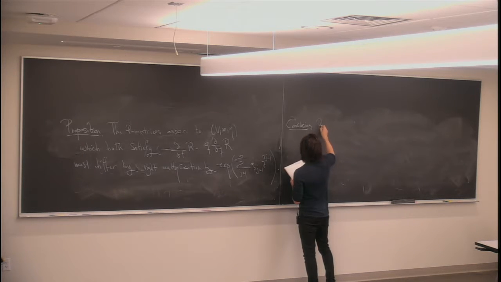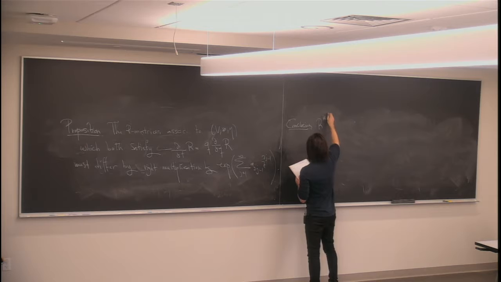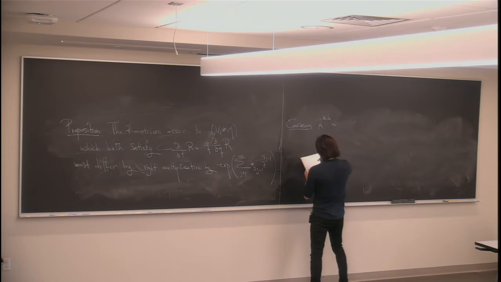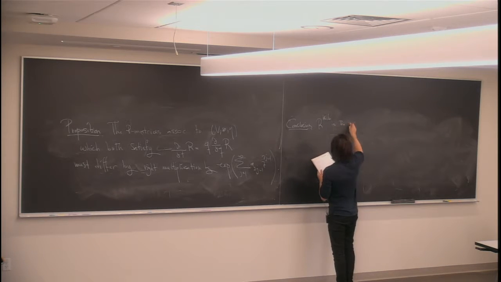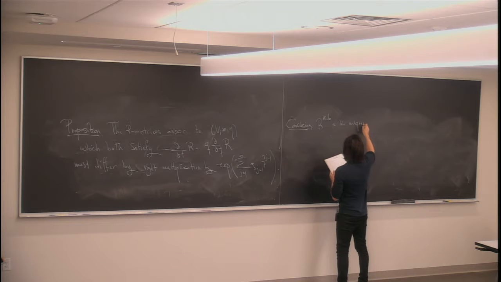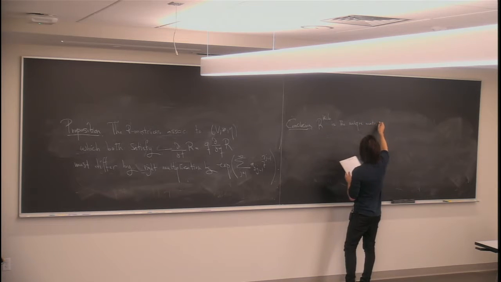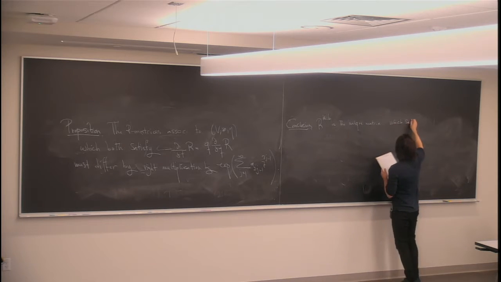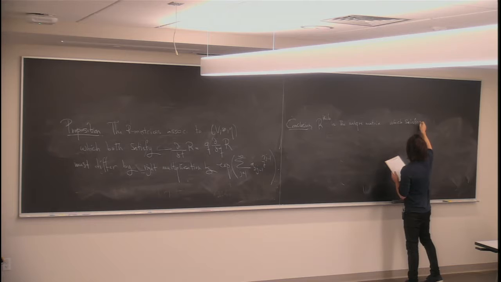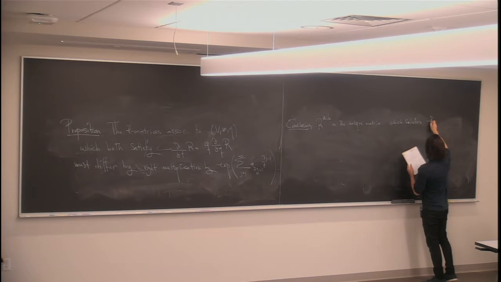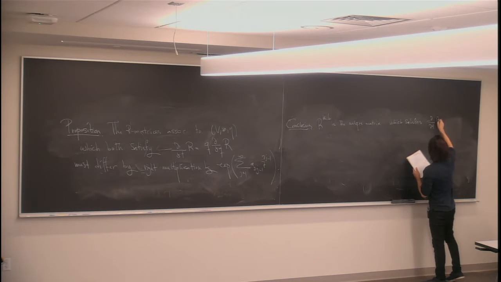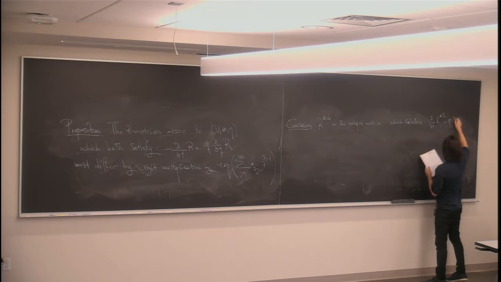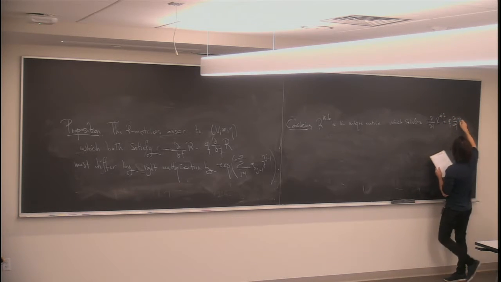R Hilb is the unique matrix which satisfies minus d/dt R Hilb equals Q d/dQ R Hilb.